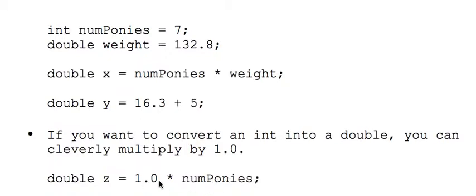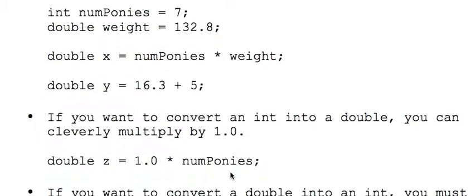Well, look, I can cleverly just multiply by 1.0. 1.0 is a double, numPonies is an int. So according to that rule above, if you mix a double 1.0 times an int, numPonies turns into 7.0, and then you're fine. z is just the value 7.0. It converts this numPonies that was an int into a double.